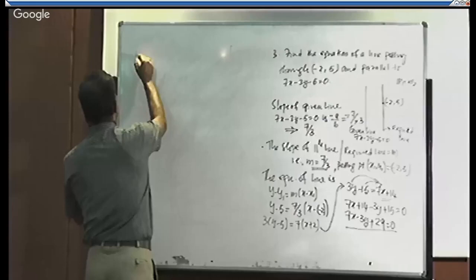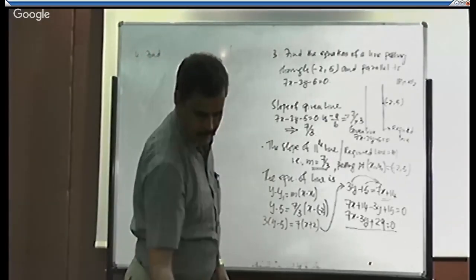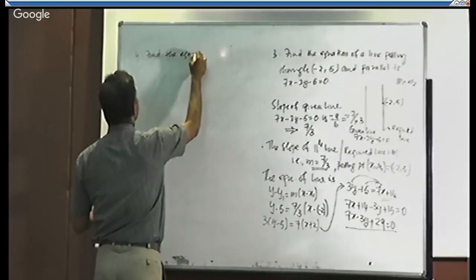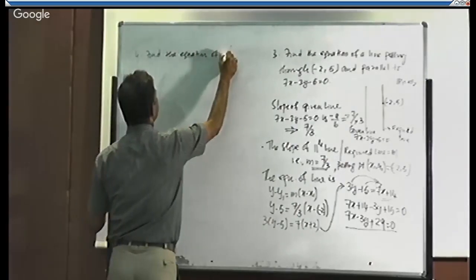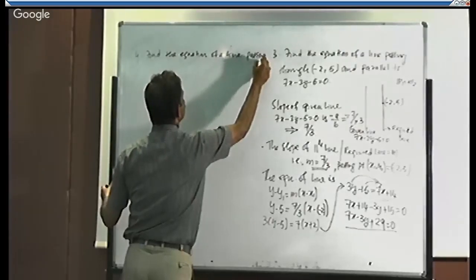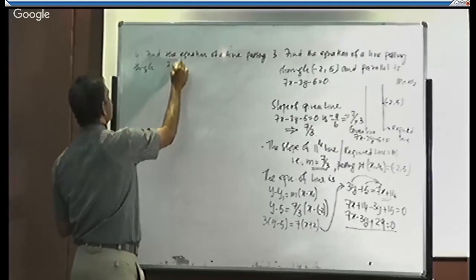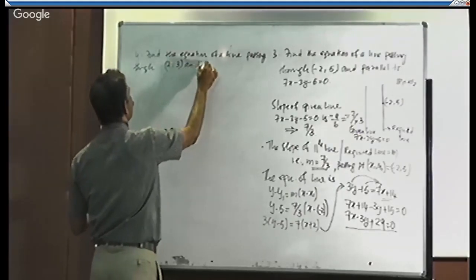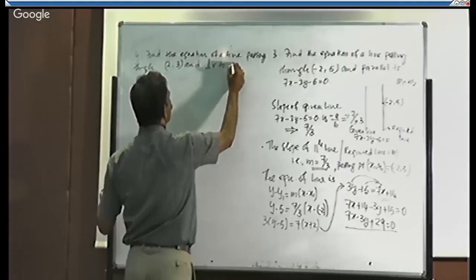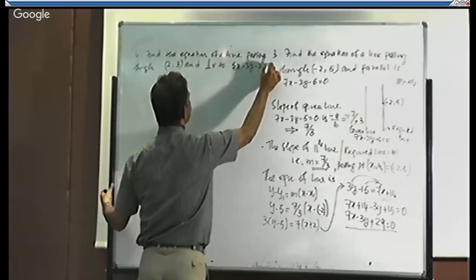Say this. Find the equation of a line passing through 2, 3 and perpendicular to 5x minus 3y minus 2 is equal to 0.